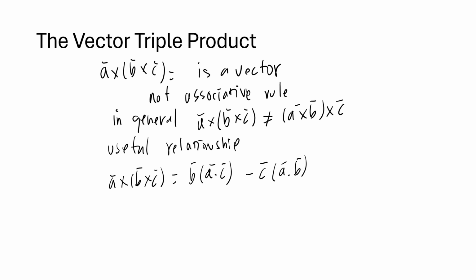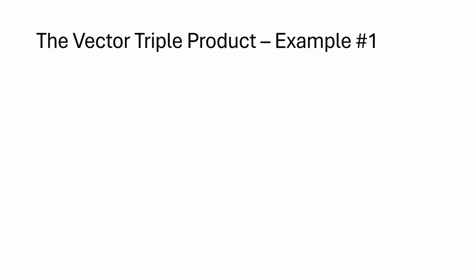All right, I'm going to do an example next. So let's define three vectors. A, which is 2i plus 3j minus k.